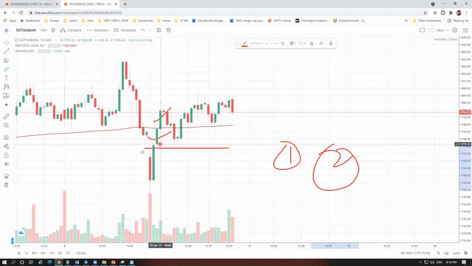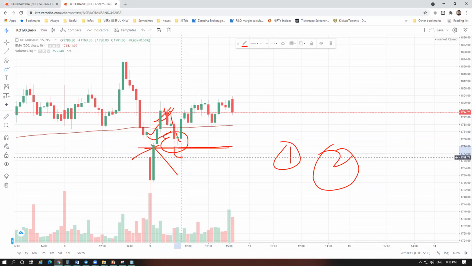Okay, if you are not considering this candle, you can always consider these two candles, because this is immediate, then a pullback will happen. Just make sure, if the pullback happens and the red candle closes below the high, then you have to avoid the trade.